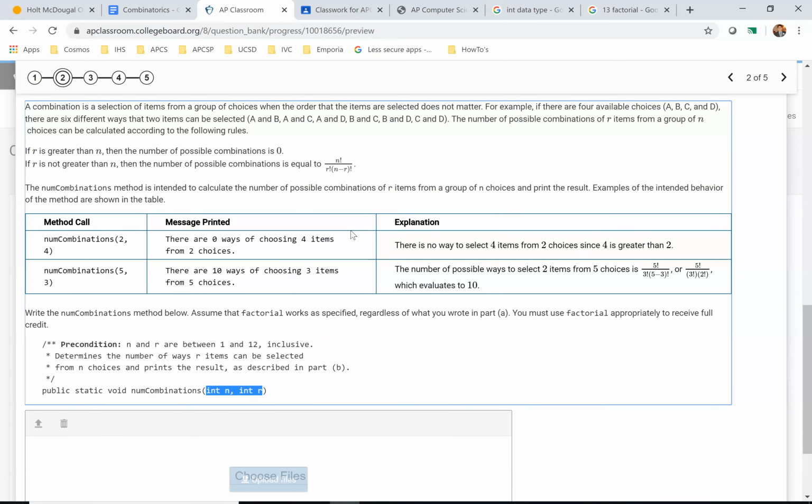It could be 3, it could be 2 marbles, it could be 4 marbles, it could be all 5 marbles. By the way, if you take all 5 marbles out of the bag, so if n is 5 and r is 5, then I would expect your answer to just be 1. Because if you get all 5 marbles, then there's only one way, there's only one combination, it would be all 5.